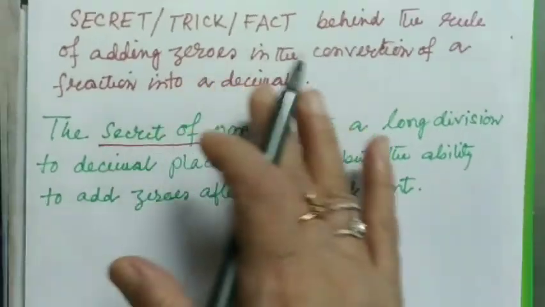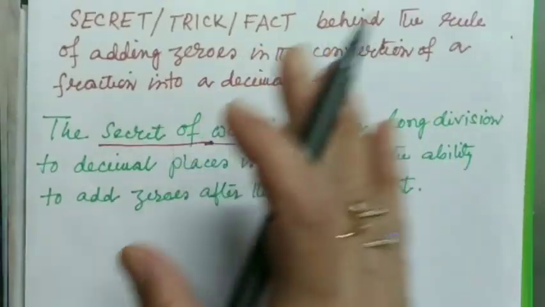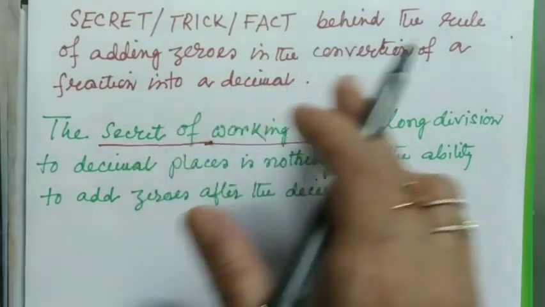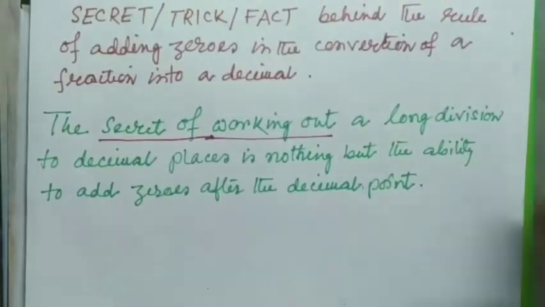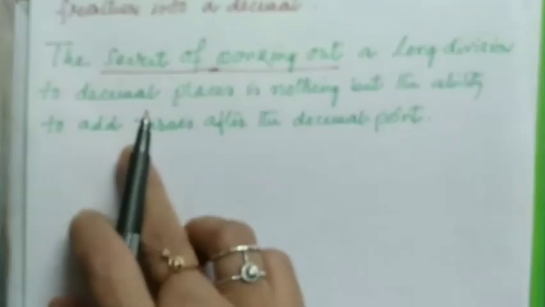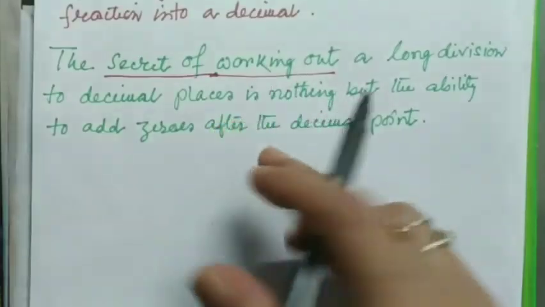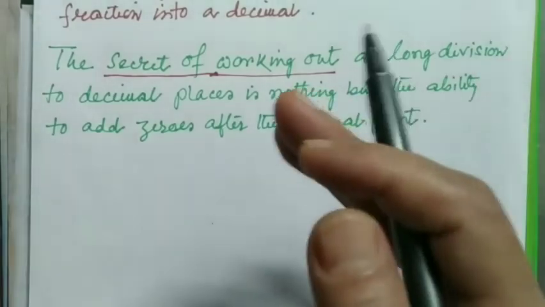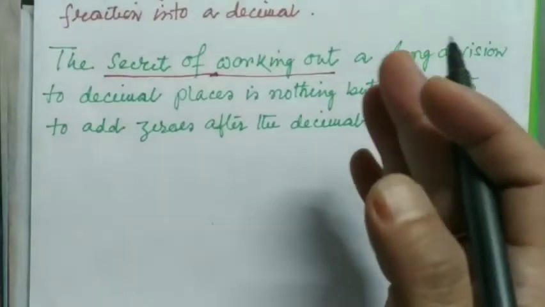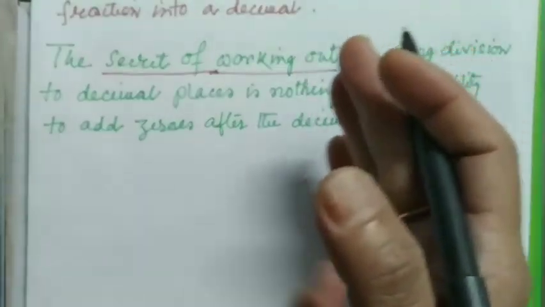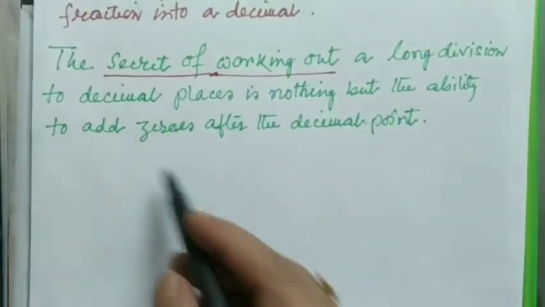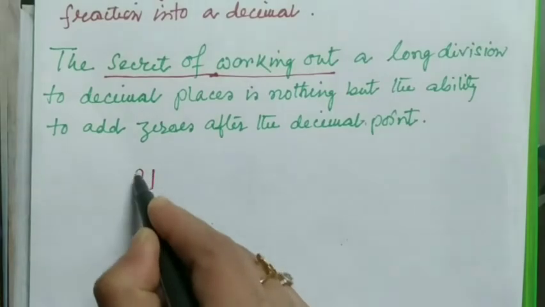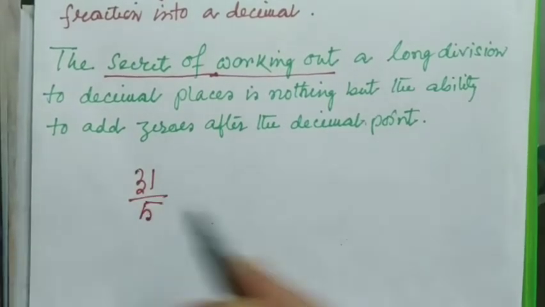Okay, the secret or trick, whatever you may say, behind the rule of adding zeros in the conversion of a fraction into a decimal. The secret of working out a long division to decimal places is nothing but the ability to add zeros after the decimal point. How? Let me explain it by taking the same example, 31 divided by 5.